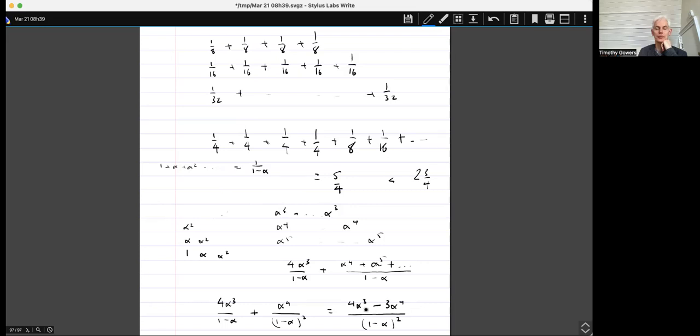Let me just check that if alpha is a half, that's 4 over 8, that's a half, minus 3/16 divided by a quarter. In other words, 4 times that, which is 2 minus 3/8, which is not 2 3/4. It's 2 minus 3/4, which is 5/4, which is what I wanted.